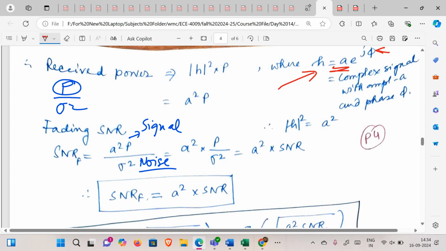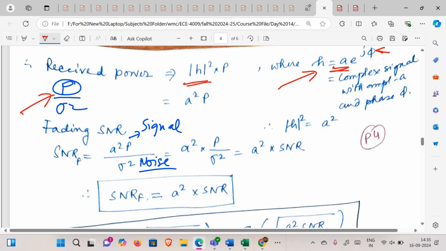So as we are dealing with the SNR part, in the probability of error that we are calculating, if I calculate the received power, earlier it was only P by sigma square. Everyone remembers this P by sigma square? Now, as H needs to be included in the calculation, because it has a role in changing the value of X, you can see the magnitude of it has been considered over here as H square into P. Why is it an average?